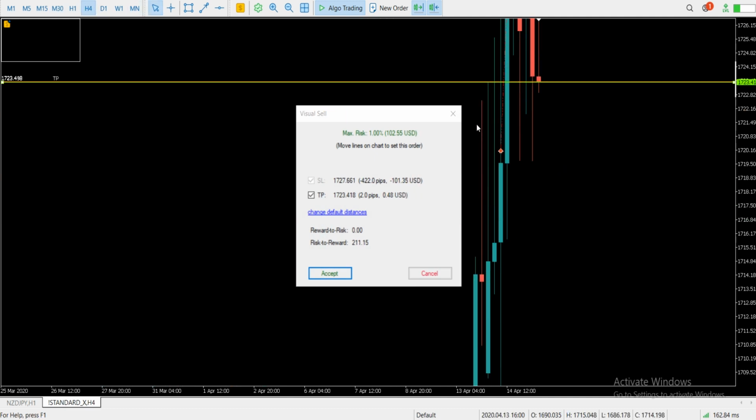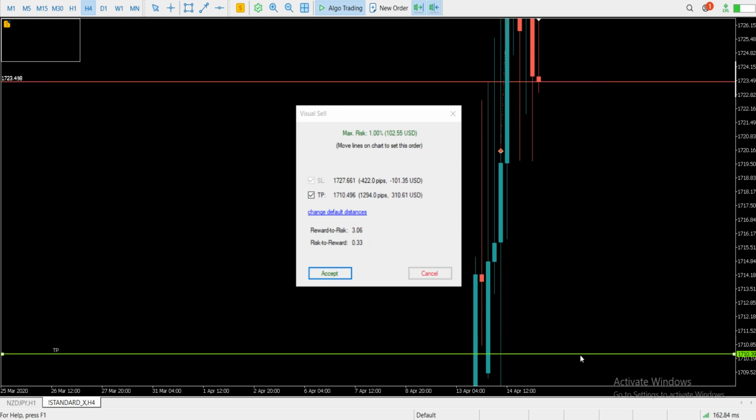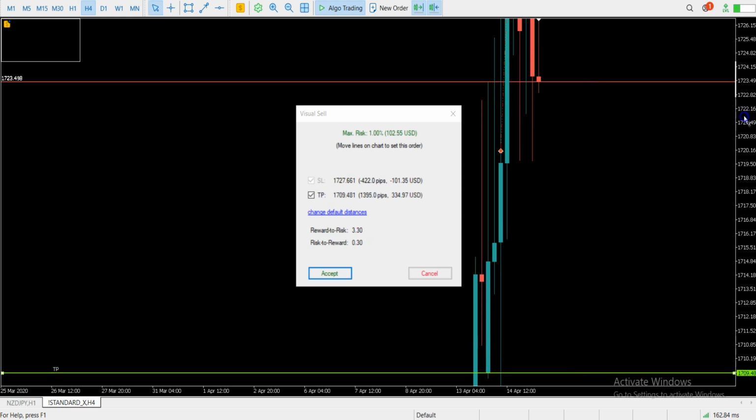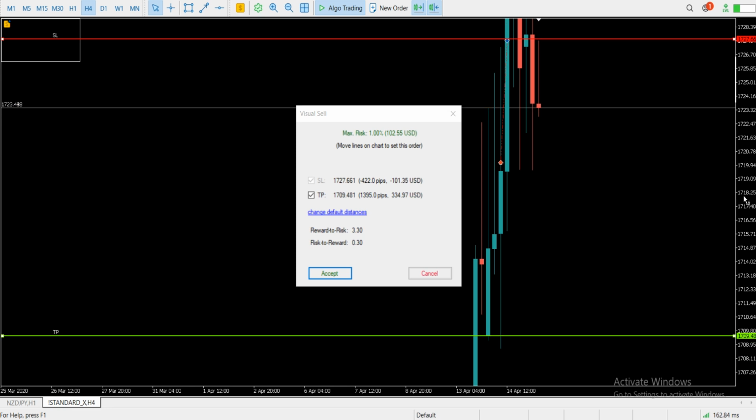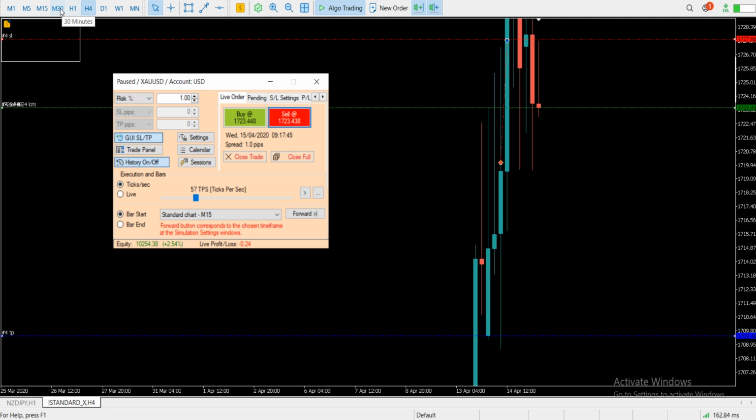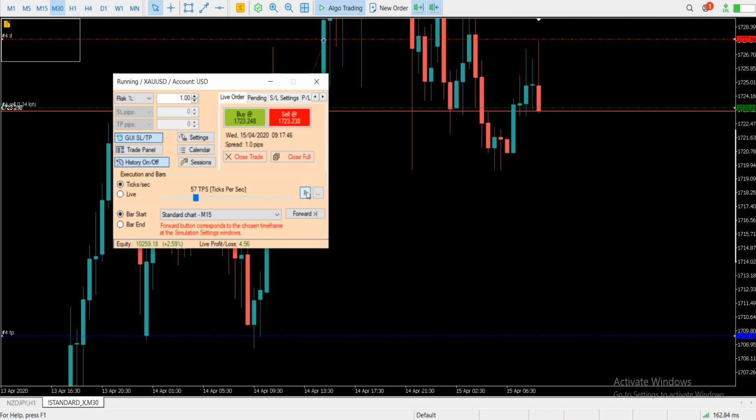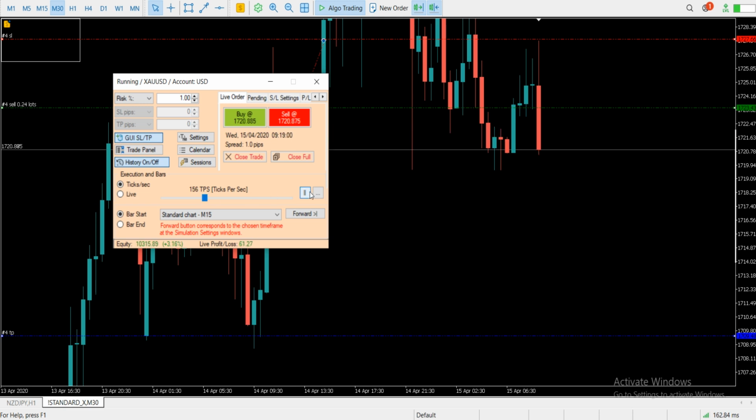By visualizing the 4-hour candles, price can maybe come down till this area, easily. Accept and let it run. Speed it up more. Okay, we are pushing down. Very nice.